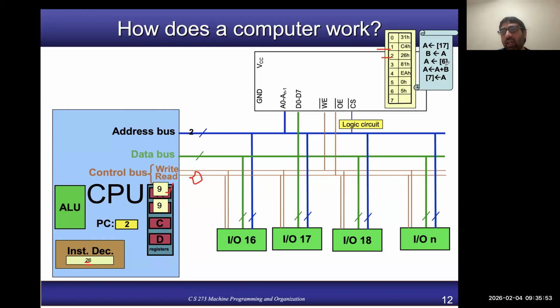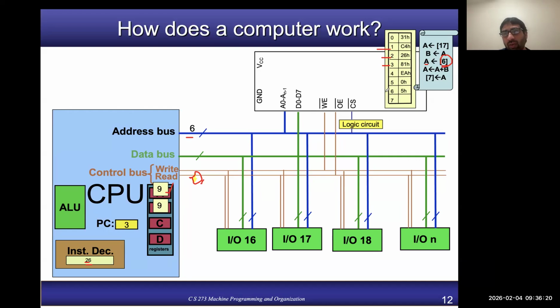It says read the data from address 6 and put it in A. So first, PC will be incremented to point to the next instruction to be fetched. But before placing the PC on the address bus, the CPU will first put the address 6. Why? Because the instruction you decoded says read from address 6. So 6 is placed, and then the read signal is enabled again.